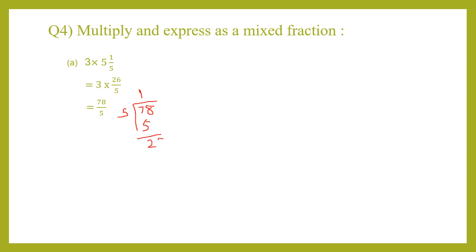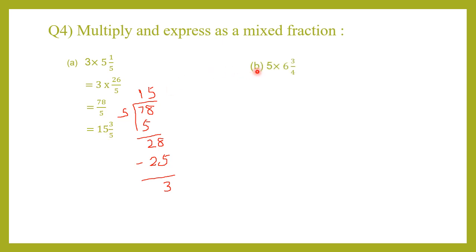And here is 8, that is 28. Again 5 fives are 25. 28 minus 25, that is 3. So 15 is the quotient, 3 is the remainder, and 5 is the divisor. Answer is 15, 3 upon 5.